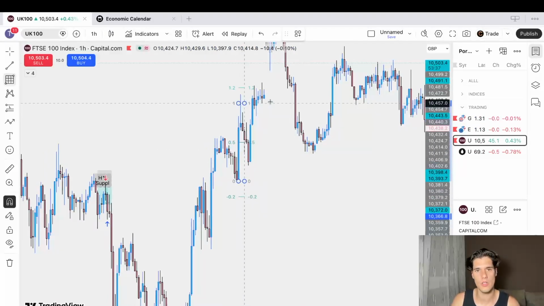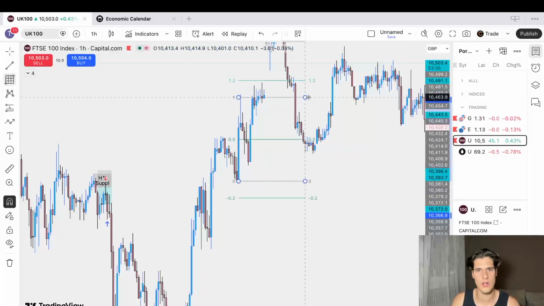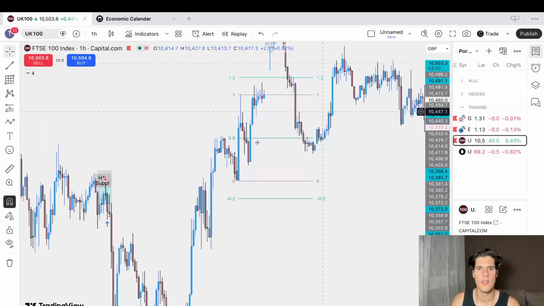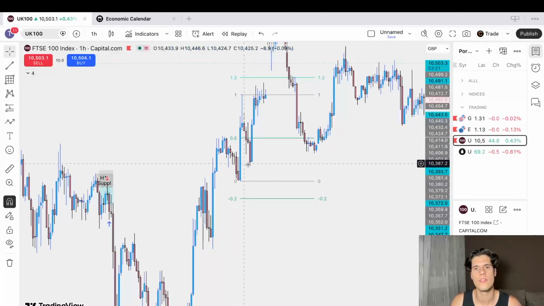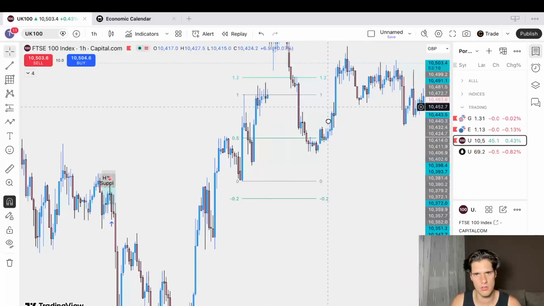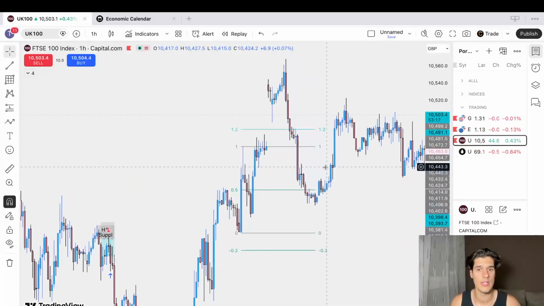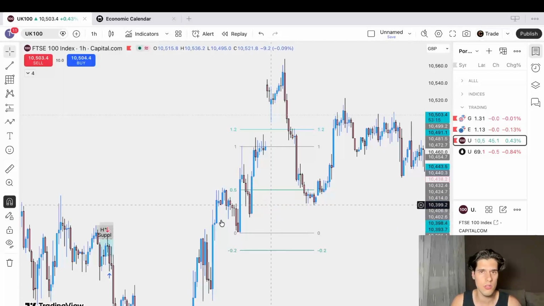That means we're gonna use our equilibrium like this. And we can see again that the price came back to the discounted zone and went through the premium zone. So that would have been a very good opportunity to buy.